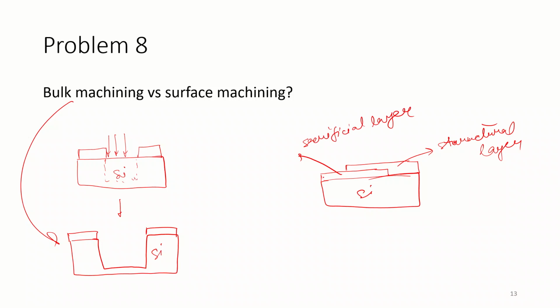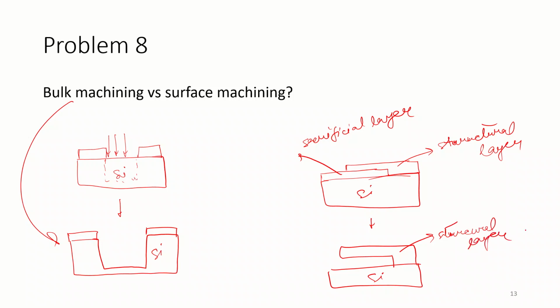So when we etch only this sacrificial layer, what we will be left behind is a silicon wafer and a free supported structural layer with no support in between, beneath it. So essentially we have only machined something on the surface, so that's surface machining.